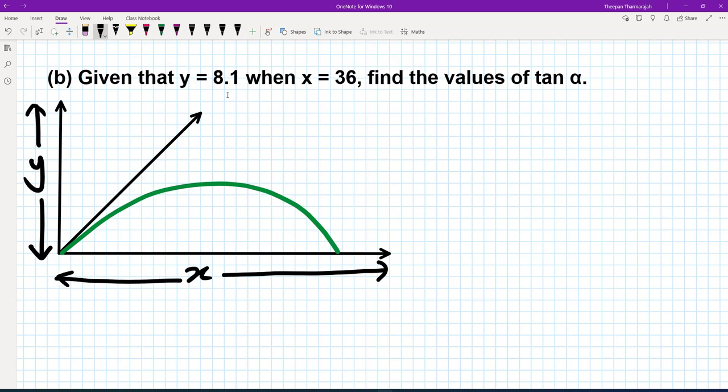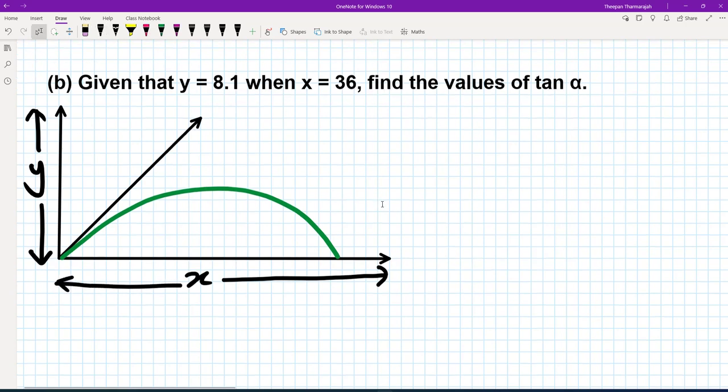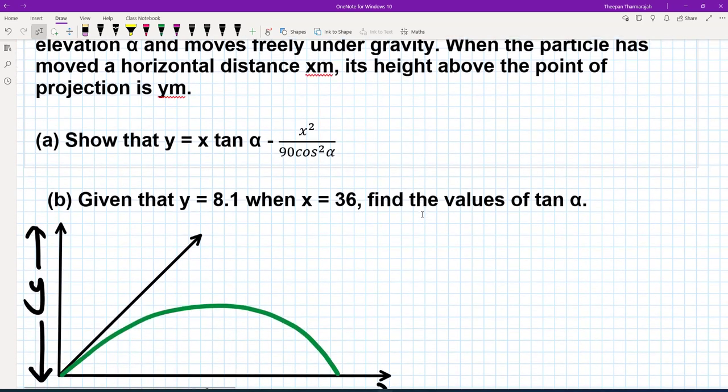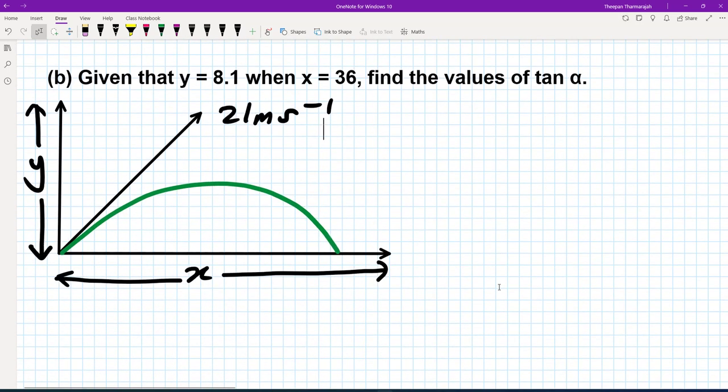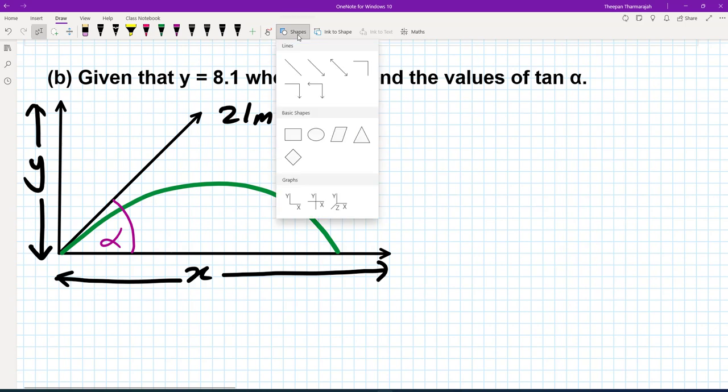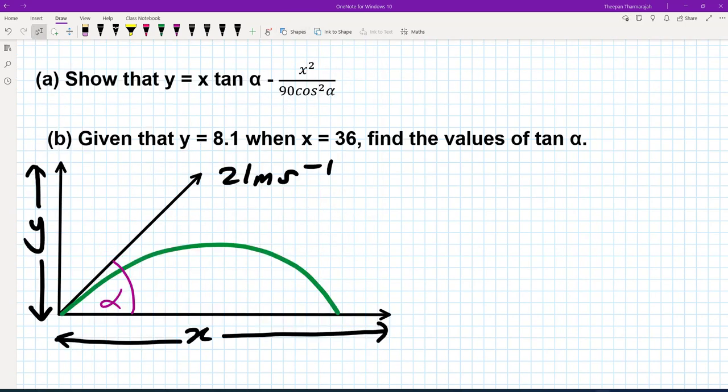Now they tell us in the question that u is 21, so we can write that in. So we've got 21 meters per second, and the angle of elevation above the horizontal is going to be alpha. So we can draw in alpha here. We need to split our speed into its horizontal and vertical components.